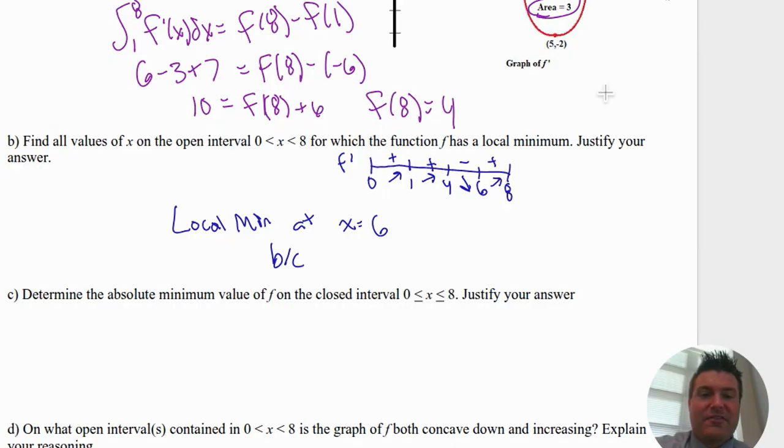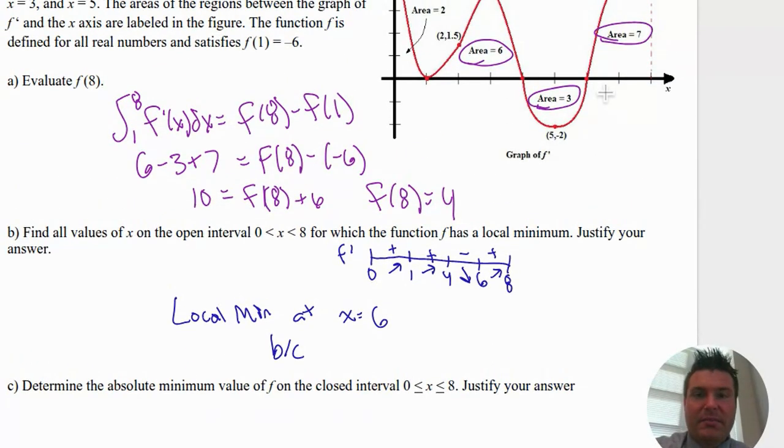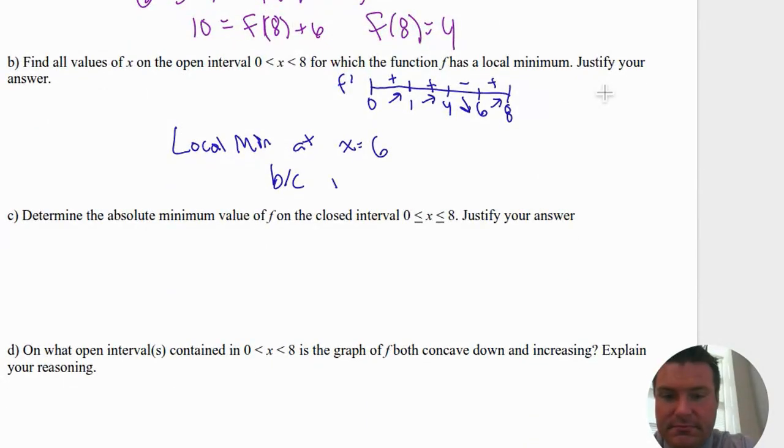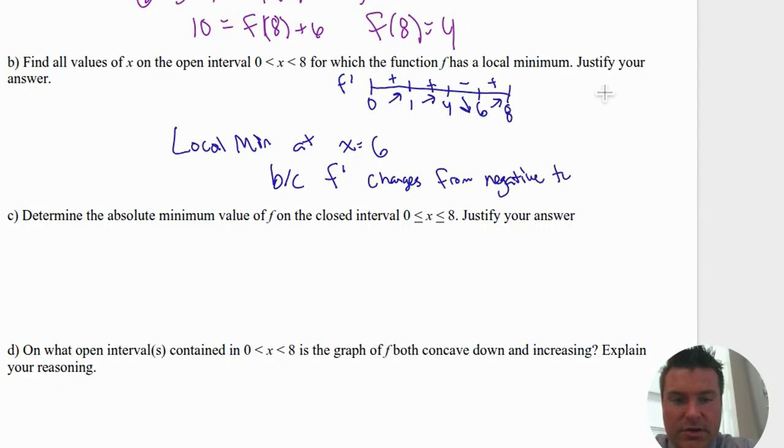And since I only have f prime, I can only talk about f prime. So because f prime changes from negative to positive.